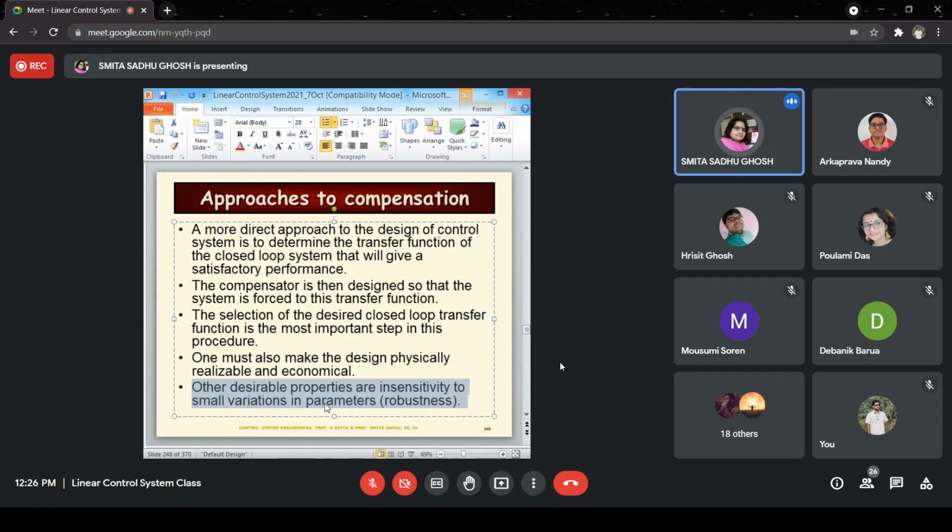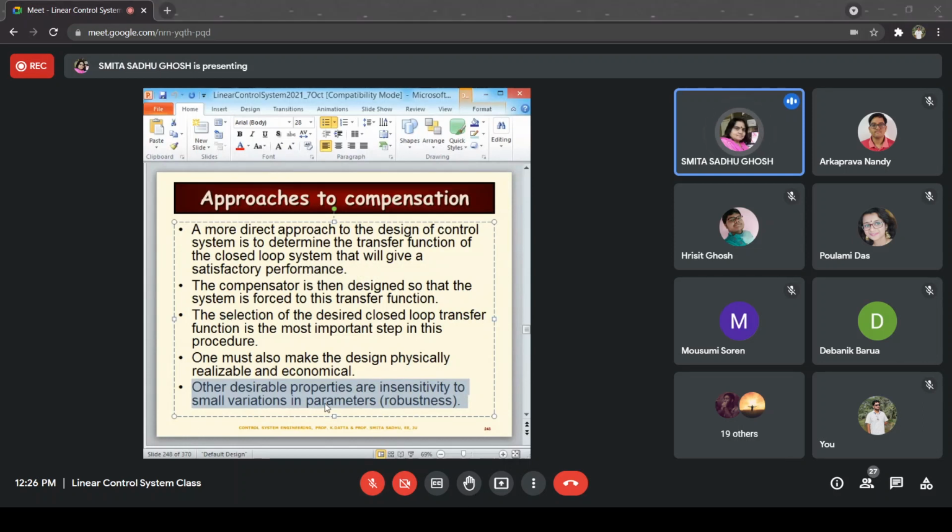Otherwise, say you have your system and you've designed a compensator, and after the system is actually working, a minor change in a parameter due to some reason would result in your compensator no longer working suitably. That is not desirable. So insensitivity to small parameter variations is a desirable property for compensators. The term used for such insensitivity is known as robustness.